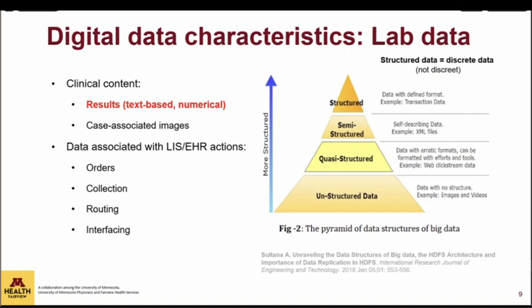So result values, whether they're text-based values like a surgical pathology report, or numerical values such as a clinical chemistry result. And then case-associated images like flow cytometry plots and the data behind them, as well as whole slide images and the data behind those, can also be thought of as report content and or the diagnostic interpretation of material itself.